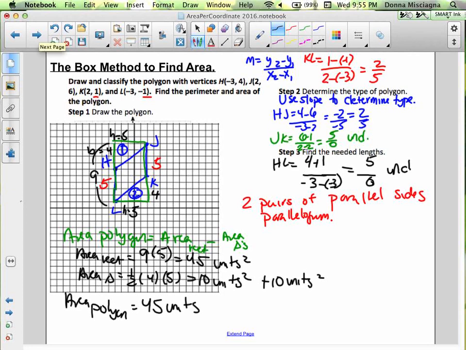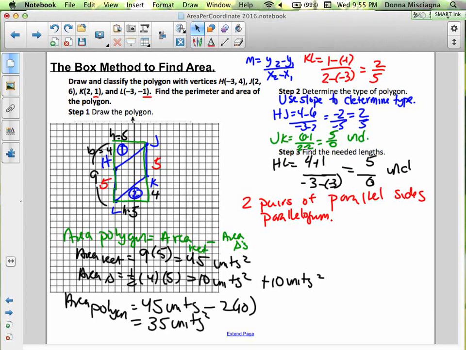And then we'll subtract the two triangles. They're both identical, so I can just put 2 times 10, which gives 35 units squared.